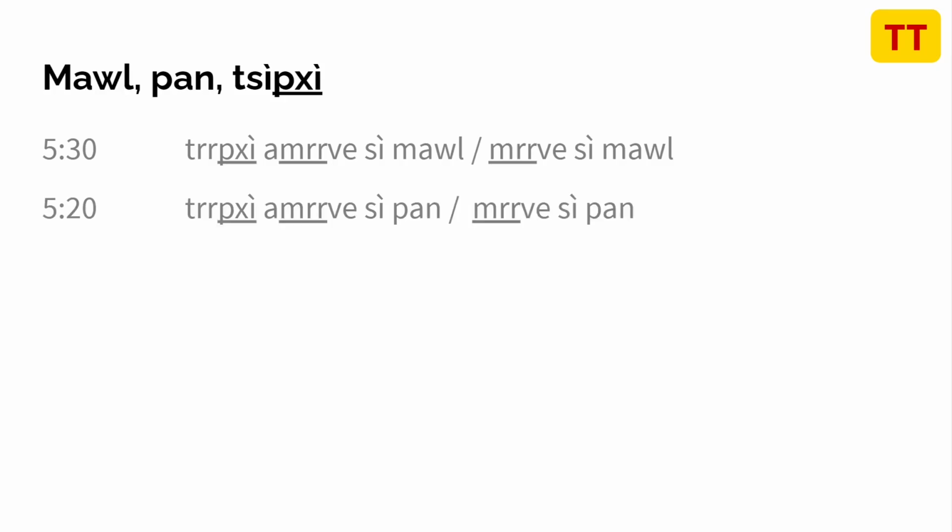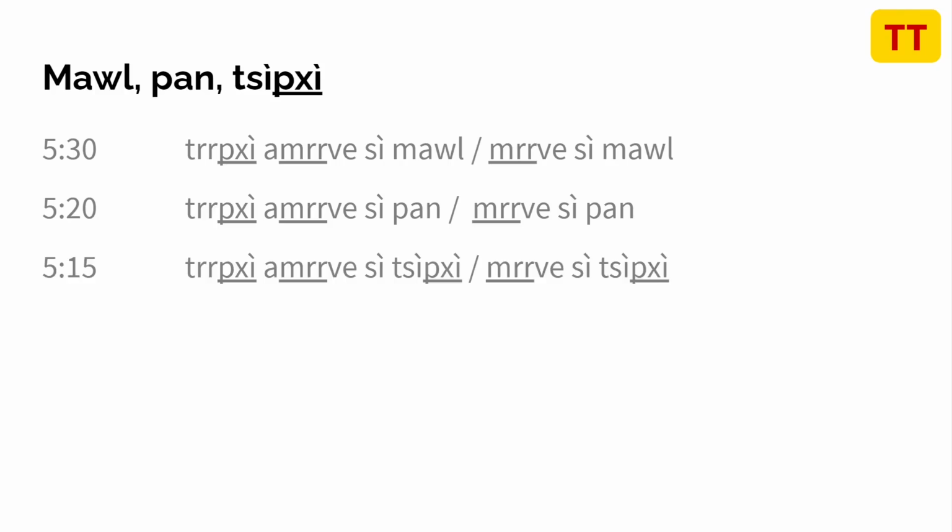5:20, which is 5 plus a third of an hour, could also just become mrve se pan. 5:15, 15 being a quarter of an hour, could also be mrve se zip-e. So 5 and a quarter. And we can do the same if we put them in front again.